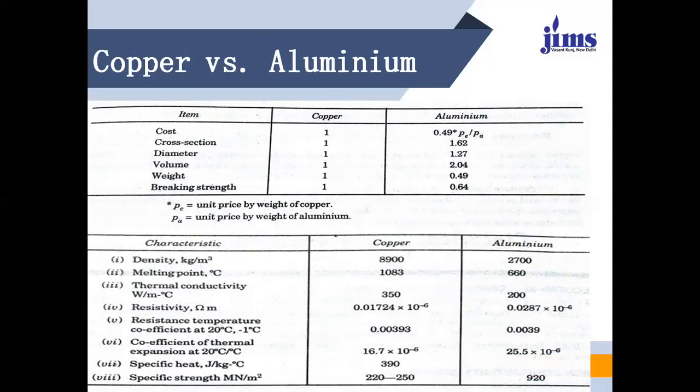Resistance temperature coefficient at 20 degrees Celsius: copper is 0.00393 and aluminum is 0.0039. Coefficient of thermal expansion at 20 degrees Celsius: copper is 16.7 into 10 to the power minus 6, and aluminum is 25.5 into 10 to the power minus 6. Specific heat of copper is 390, but no value is given for aluminum. Specific strength: copper is 220 by 250, but aluminum is 920.